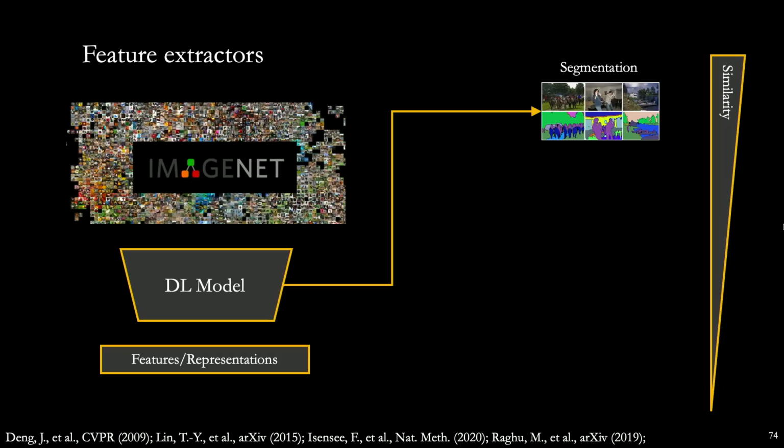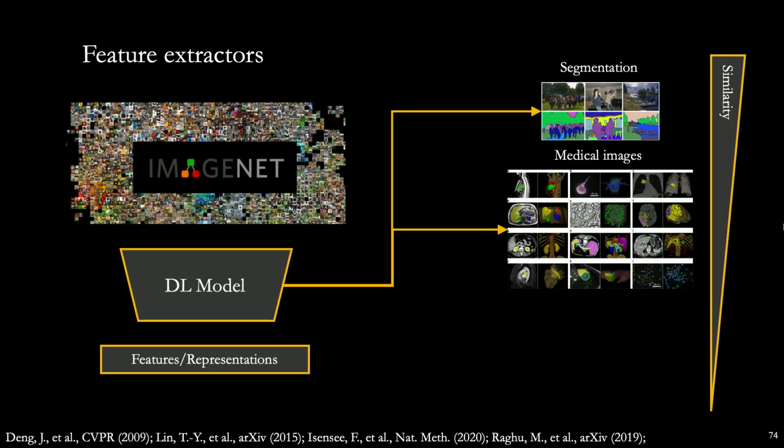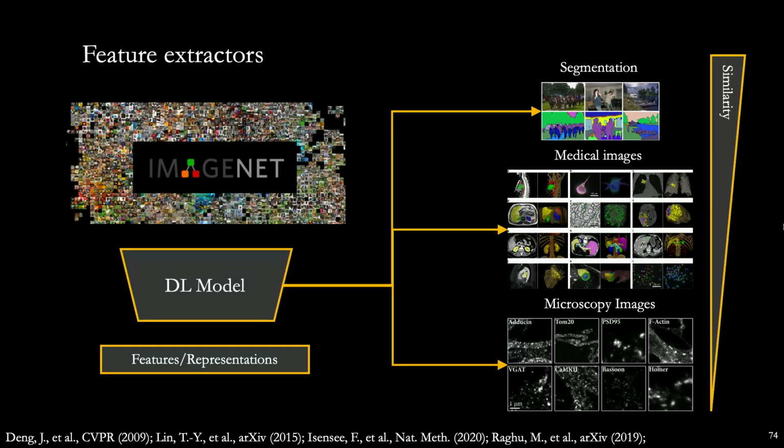For example, segmentation of persons in photos, or segmentation in medical images, or some task in microscopy. And what we see is that the similarity between the images from ImageNet and from microscopy is quite low. And one issue that was reported on training foundation models with images that are completely outside the representation is that they don't perform super well, for example, on our microscopy images.